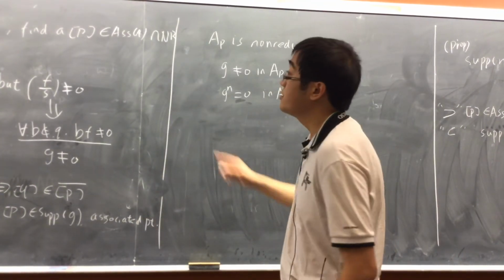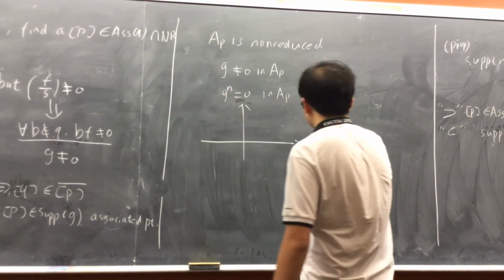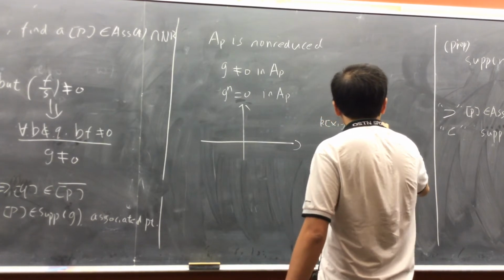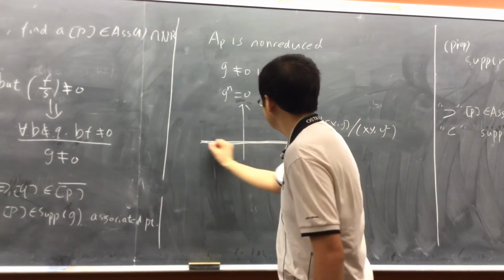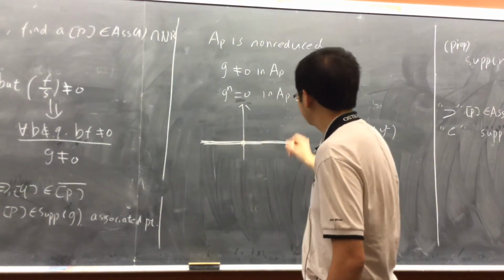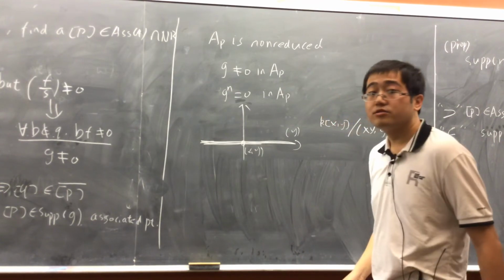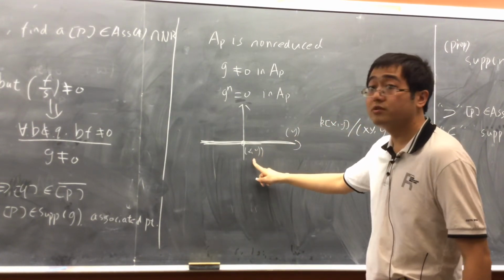Now we can also look at the example we saw before: k[x,y], xy, y squared. Here we have two associated points, y and xy. And you can see that the stalk at y is reduced, but the stalk at xy is not reduced.